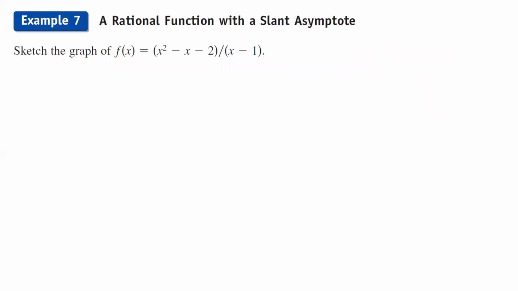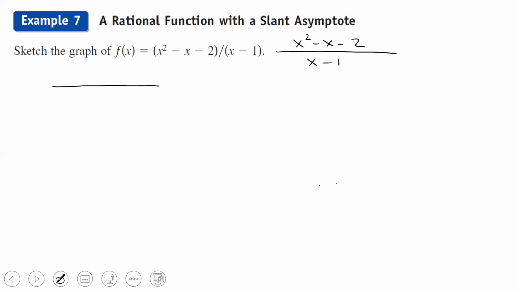All right, so let's do what we normally do. In fact, I'm going to write it over here just as a quotient: x squared minus x minus 2 over x minus 1. In factored form, just in case it's going to reduce, can you factor the top for me?